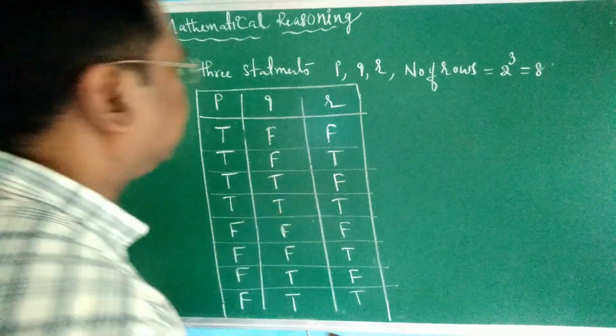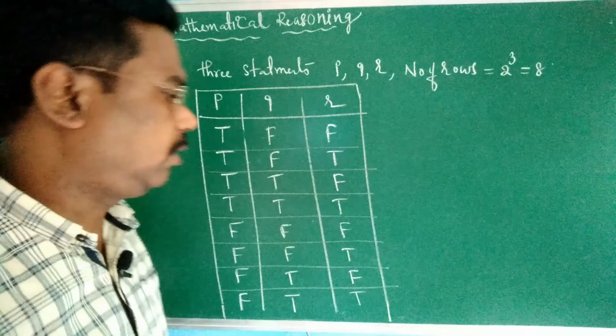Three statements are given, so the number of rows is equal to 8.